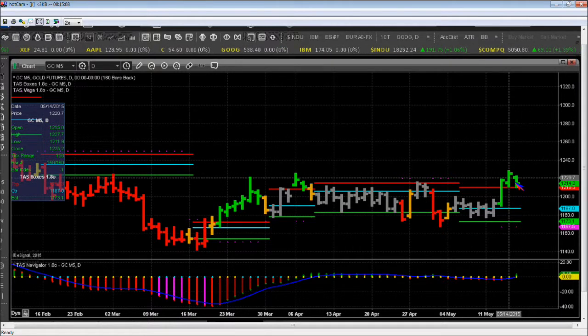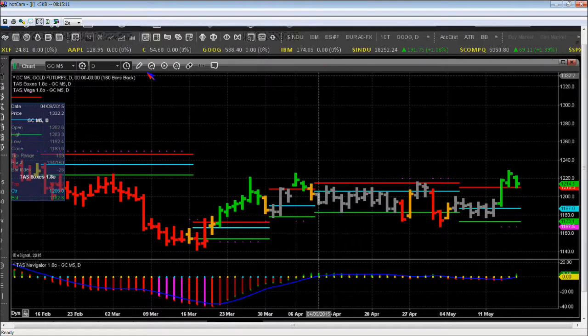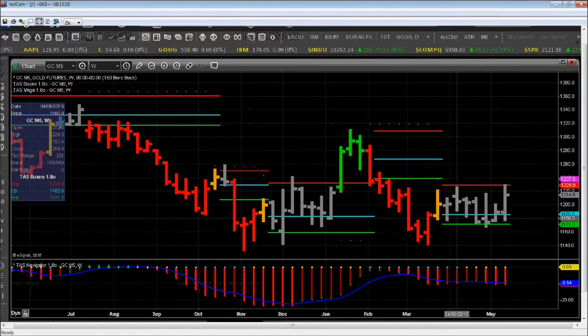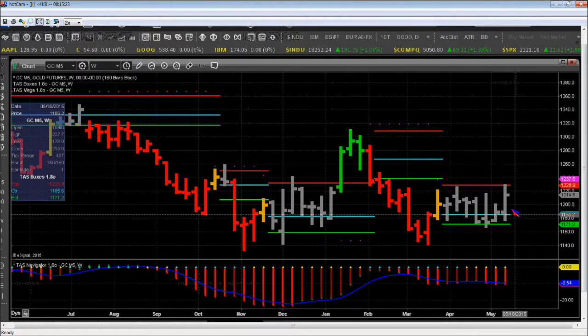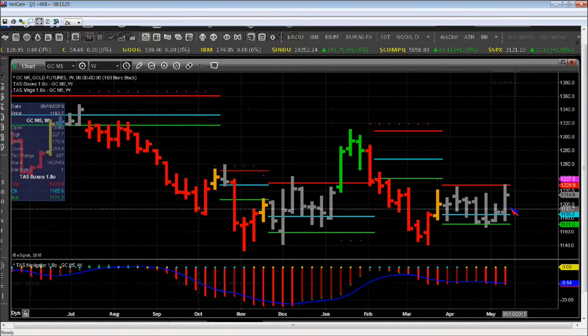I'm not going to feel rosy about gold till we clear 1230. I still think we're going to rattle around here, and I don't see a lot of direction down here. I see gold looking more like trading ranges than anything else. And I'm still going to stick by that.